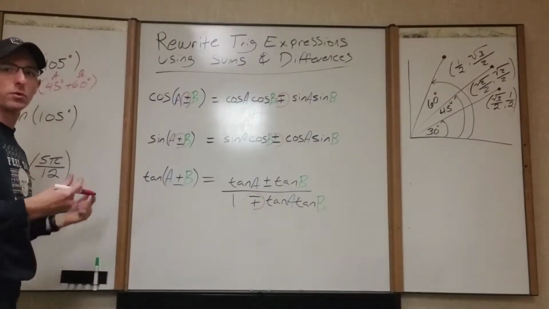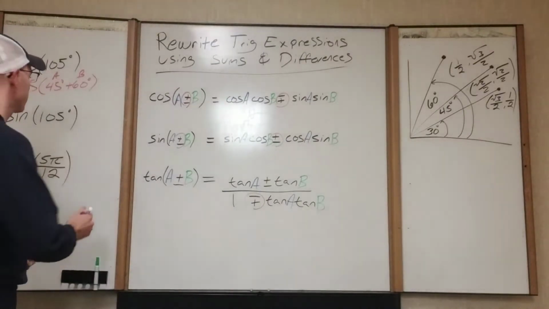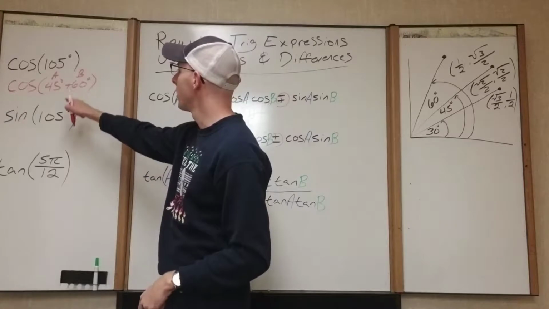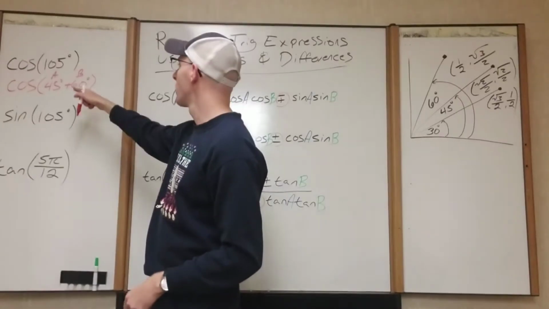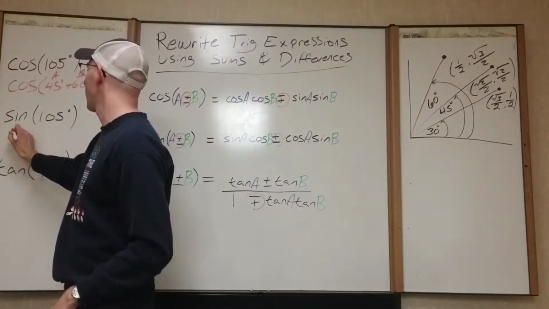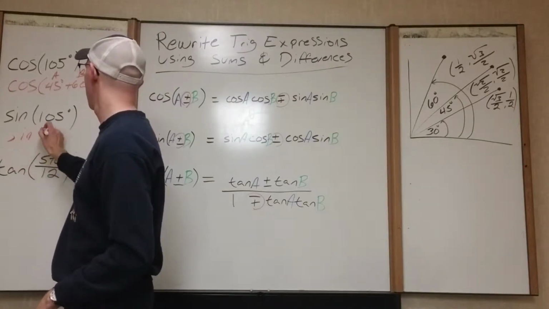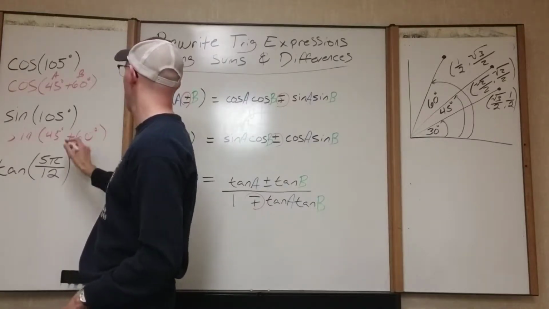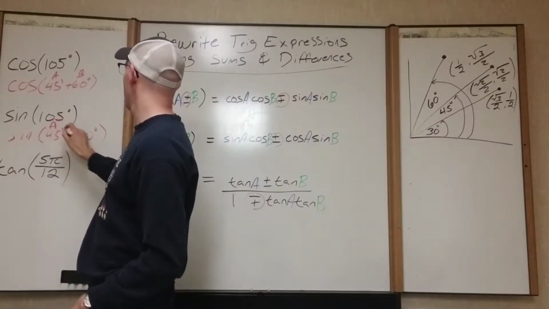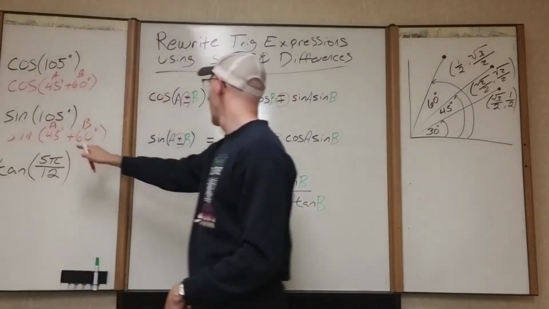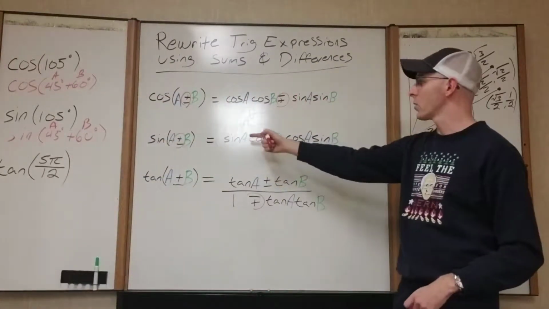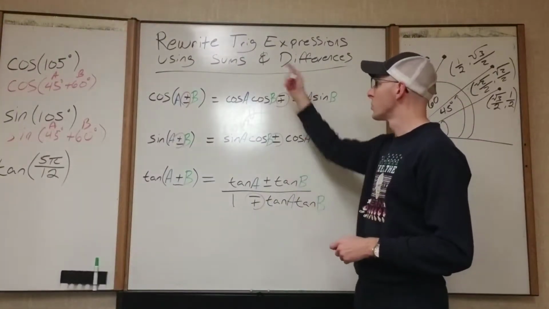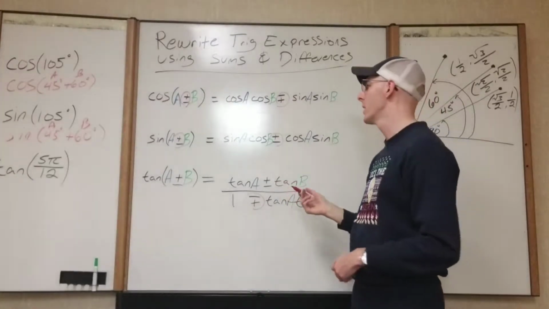With sine, we'll do the same degree measure, 105 degrees. The sine of 105 degrees, what we already know is going to be 45 degrees and 60 degrees. So we can rewrite that as the sine of 45 degrees plus 60 degrees, where 45 degrees is our A and 60 degrees is our B, and we can plug that into this equation for the sine sum or difference formula to get that exact value.